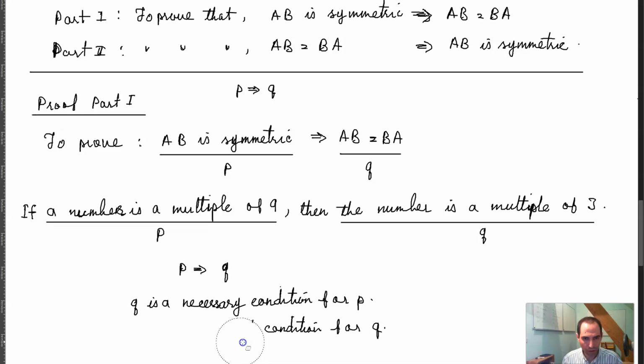Now if you learn one of them, it's more than enough. So you can learn, for example, the first one, which is Q is a necessary condition for P, meaning that if P is true, then Q must necessarily be true, meaning that if a number is a multiple of 9, then the number is necessarily a multiple of 3. There is no other way. It's actually not possible that the number is a multiple of 9 and not a multiple of 3, because a 9 is nothing but two 3's, right?